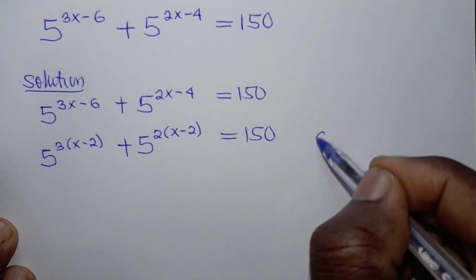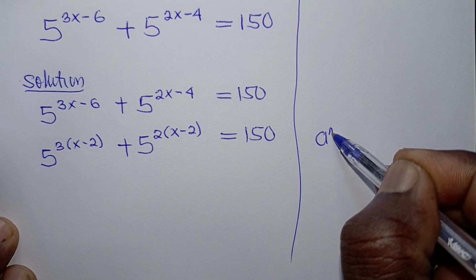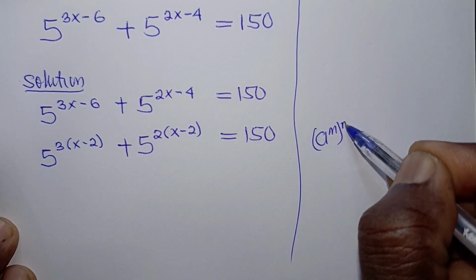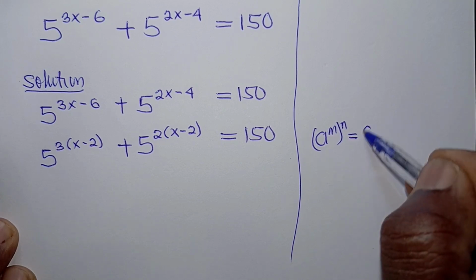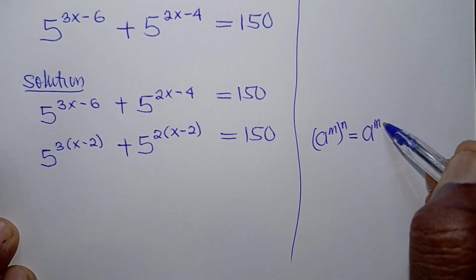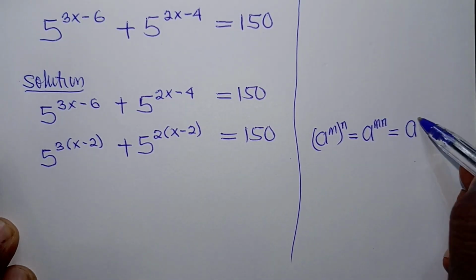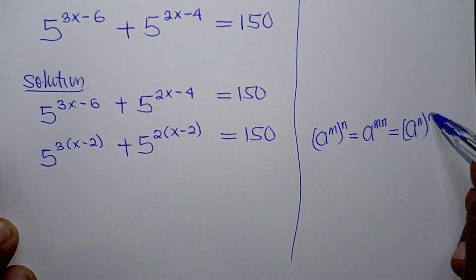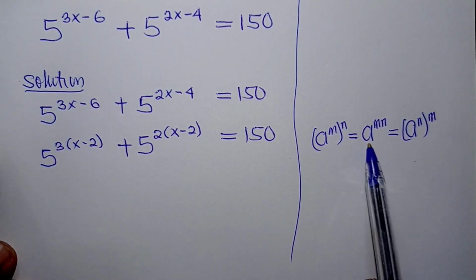And this is a rule. If I have a to the power m, raised to the power n, you can write this as a to the power mn, and that can also be written as a to the power n, brackets, raised to the power m. You can see that our equation is in this form.